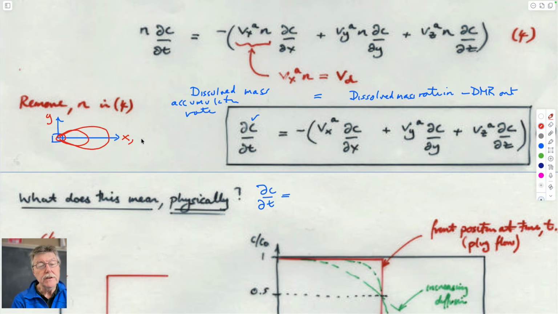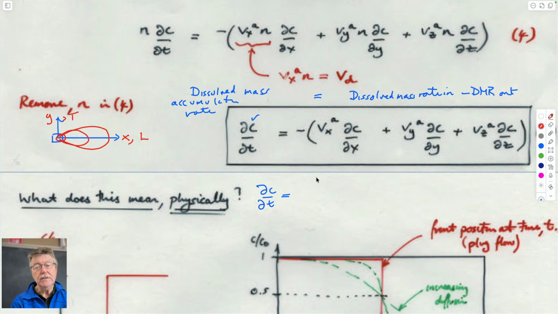But we could also call this longitudinal, and we could also call this transverse, L and T. And that's useful because this plume has some kind of symmetry that we could use these coordinates to represent.